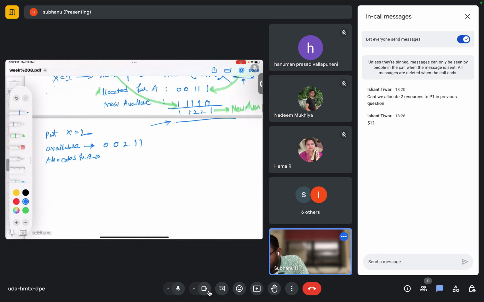Future need is just maximum minus allocation. So step one is to find the future need. I will do that. We will do just 8 minus 3, 5, 5, 4 minus 2, 2, 6 minus 2, 4, 3 minus 1, 2.